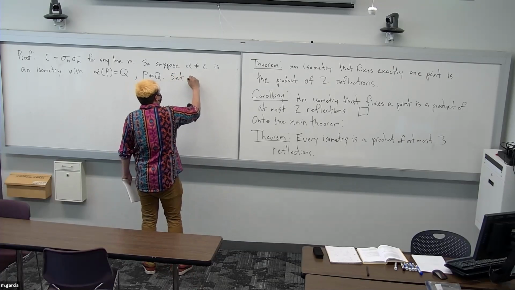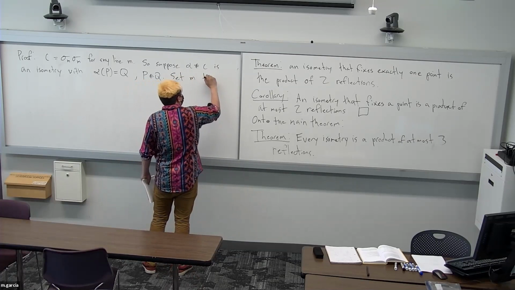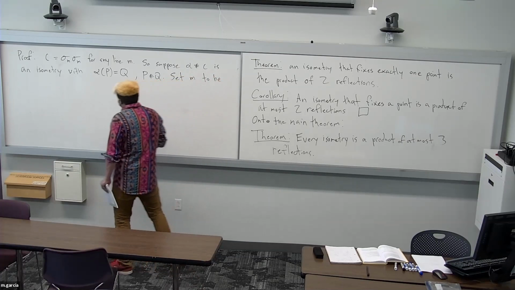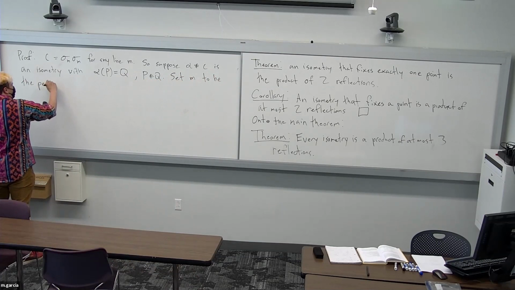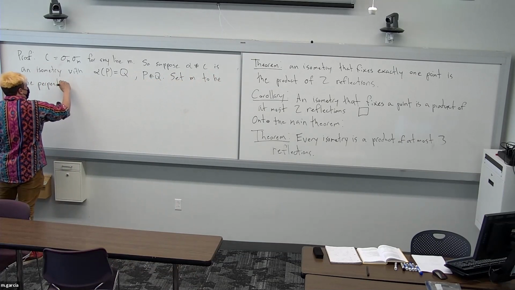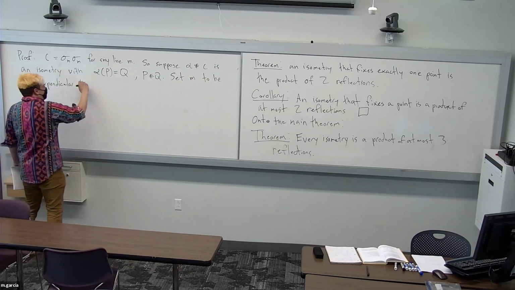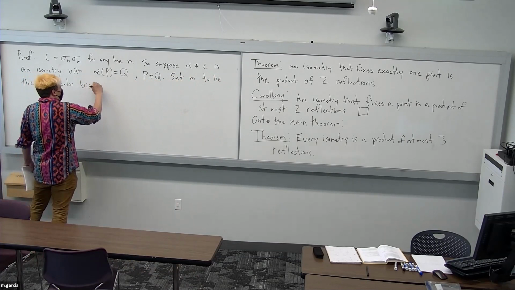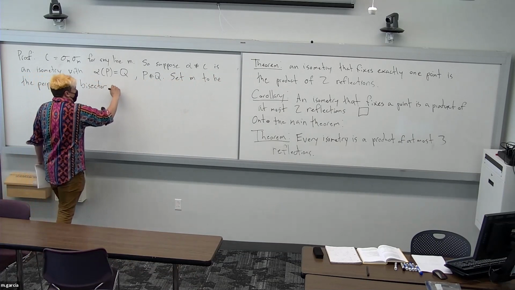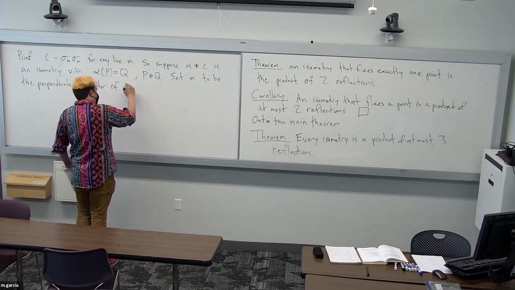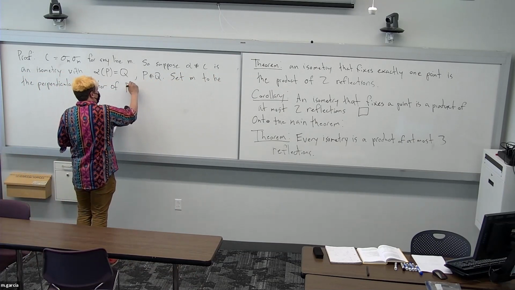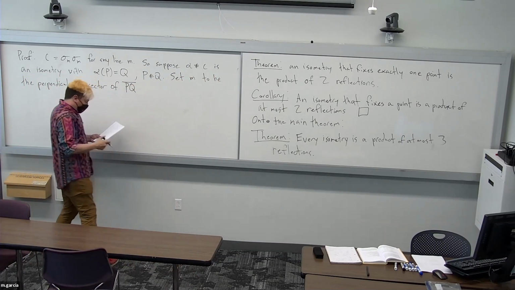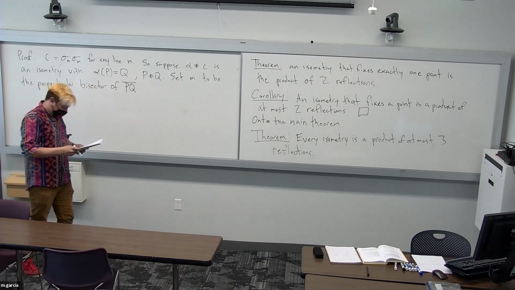So let's set the line m to be the perpendicular bisector of the line segment PQ.